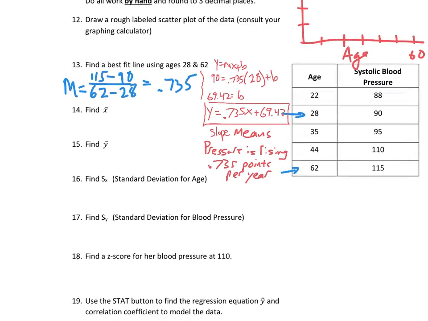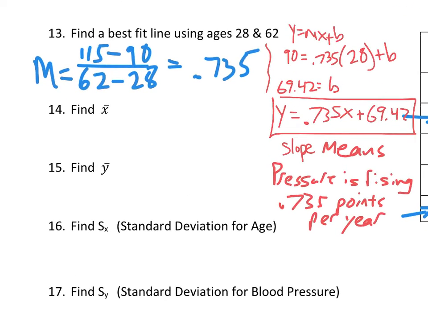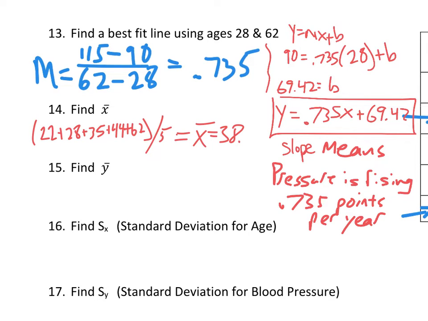All right. So now we can find the x bar by averaging these all out. Add them and divide by 5, and we get about an x bar of 38.2. Right, x being the first coordinate. Now we can add up all the y's and divide by 5.